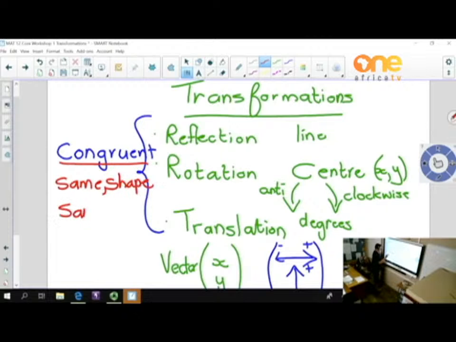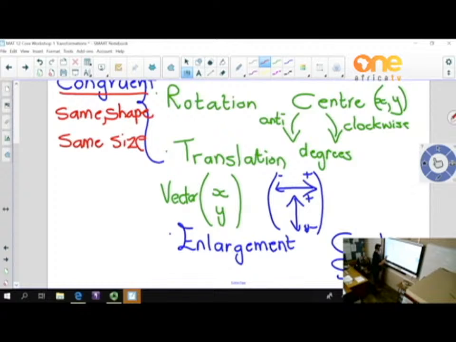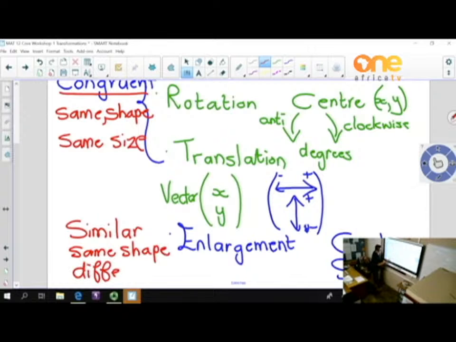The other one is the enlargement, and the enlargement is similar, because the shapes are not equal in size, they are similar. So we say same shape, different size. This is what we need to know when we do transformations.